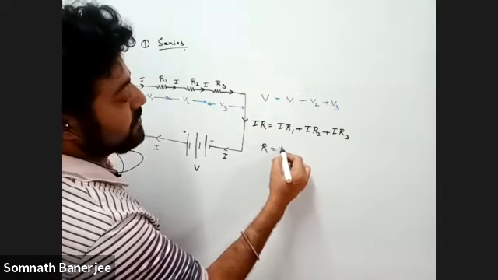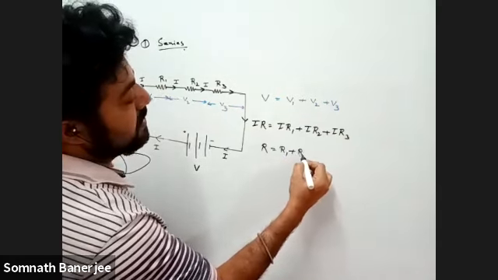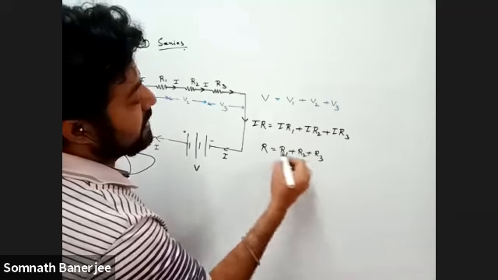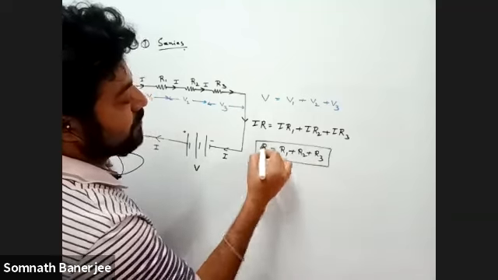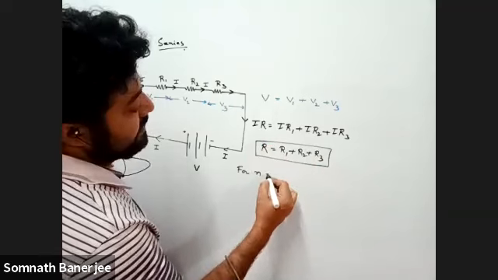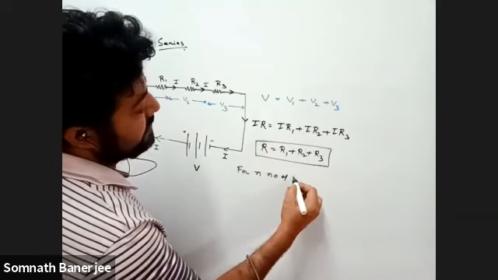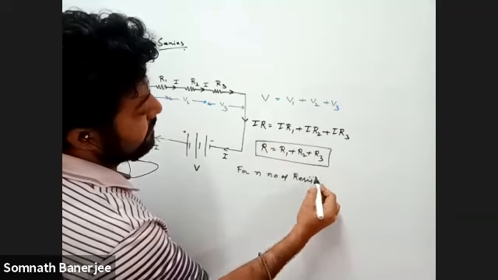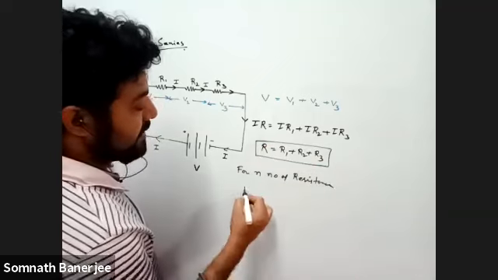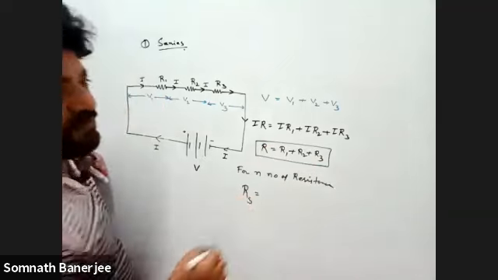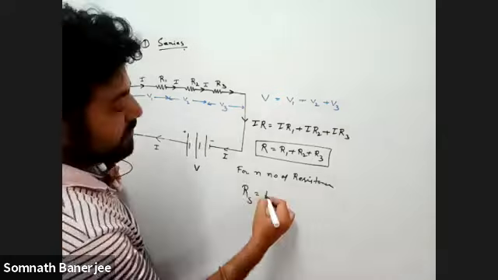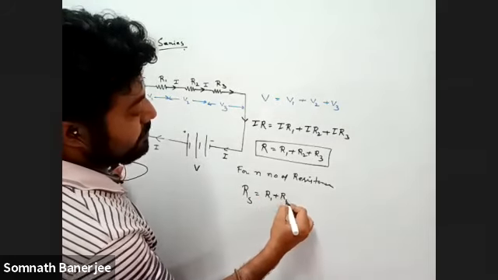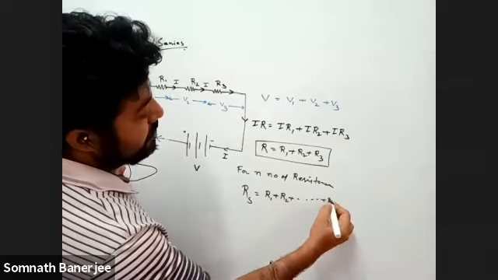So R is equal to R1 plus R2 plus R3, and for n number of resistances, RS stands for series, that is R1 plus R2 plus ... Rn.